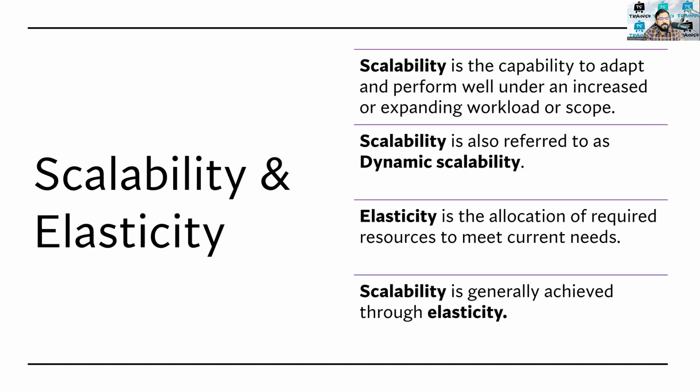When it comes to cloud or the real world, it means that you have n number of machines and you have more load. So what are the options you have? You can either have more machines to handle that load, or you can increase the capability of existing machines. So having more machines added automatically is also called auto scaling.